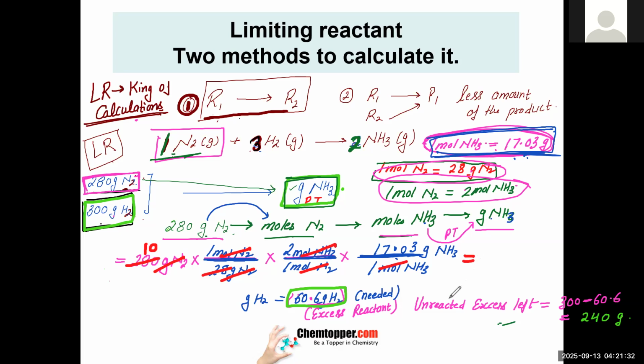You can use your calculator and give me the answer in two significant figures. 340 grams of NH3.